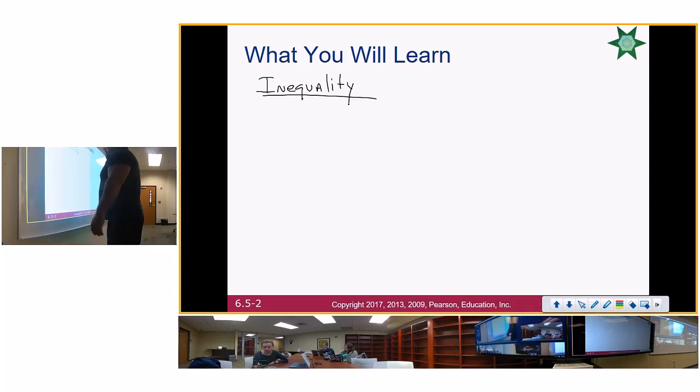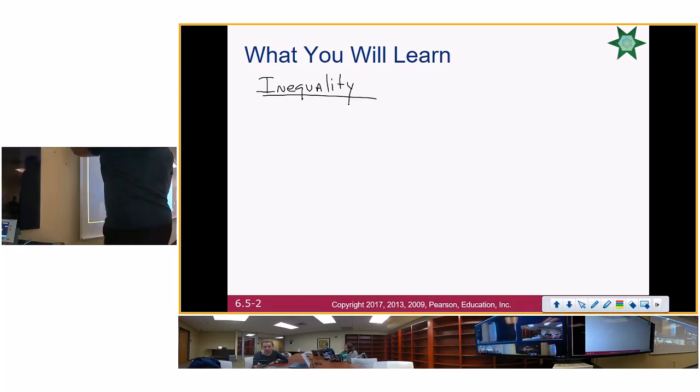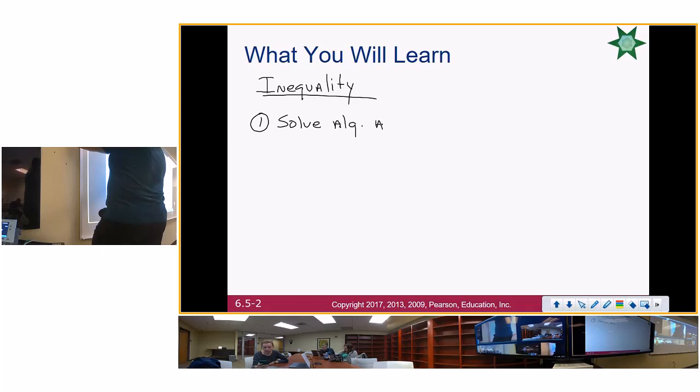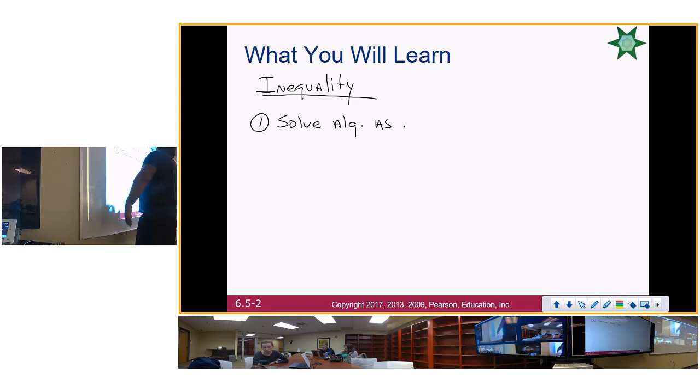When you're dealing with an inequality, the first thing you do is you solve as normal. Solve algebraically as you would any other time.